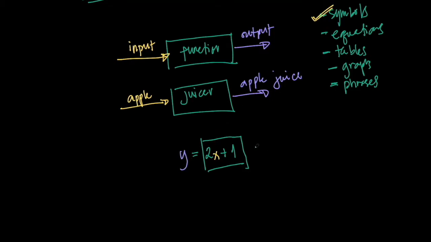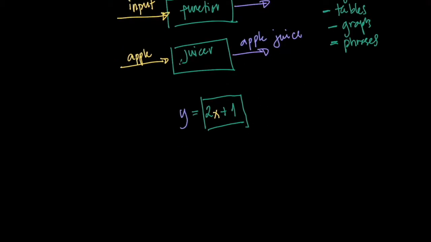So how do we do that? Let's say we have done that apple. We have input our apple to the juicer, and we have apple juice. In this case, we just replace x with any desired value. Let's say 5. So if x is 5, let's just replace x with 5.